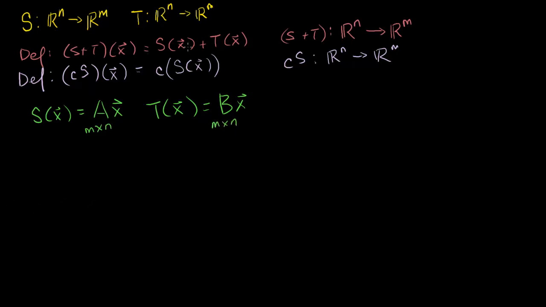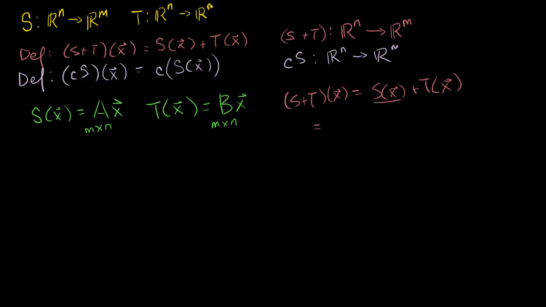Now, let's go back to these definitions that I just constructed. What is S plus T of x? Let me write it this way. You have S plus T of x, which I'm just rewriting up here, is equal to S of x plus T of x, which we now know is equal to these two things.